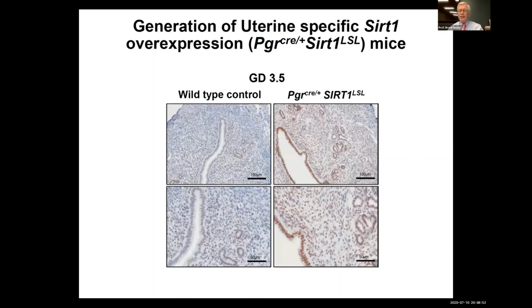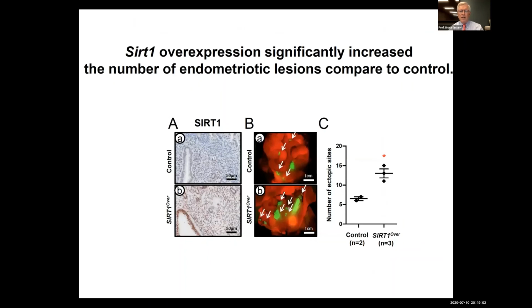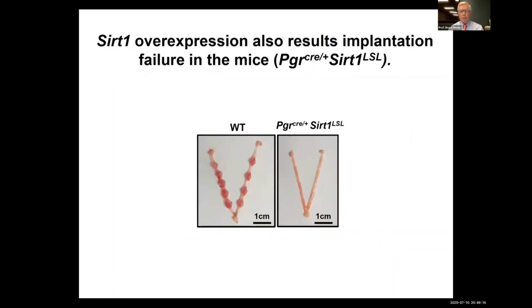So we can make the mice overexpress Sirt1, and those data are shown here in these 2 panels. When we overexpress Sirt1, an interesting phenomenon occurred. The mice with high Sirt1 got much more endometriosis than the mice with low Sirt1. And the number of implants were higher, suggesting that progesterone resistance itself is contributing to the disease progression.